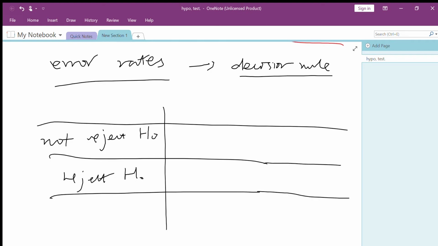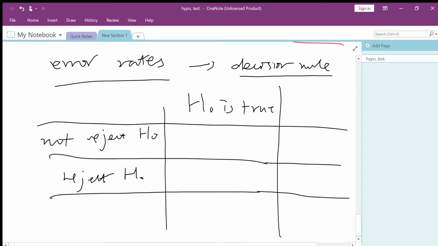But what is an error? An error means when H0 is true, we reject H0. It is an error, and we call this type 1 error. If H0 is true and we do not reject H0, we make a good decision.